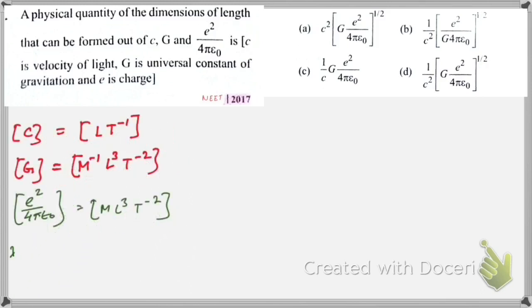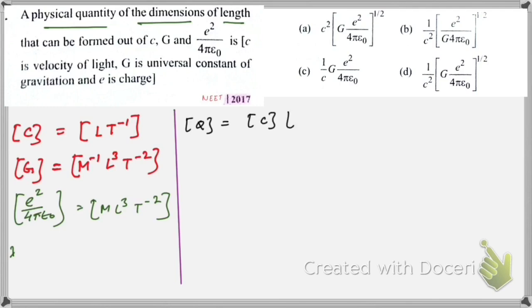Now here you see, a physical quantity of dimension of length can be formed out of these three, right? So out of these three, we are going to have a physical quantity. Let that quantity be Q, which has dimensions of length, and which is made out of the dimension of C, the dimension of G, and the dimension of E square by 4 pi epsilon naught.